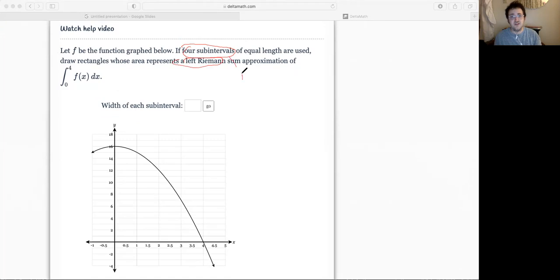So first, you want to find the width. This is going to be the interval width divided by the number of subintervals.